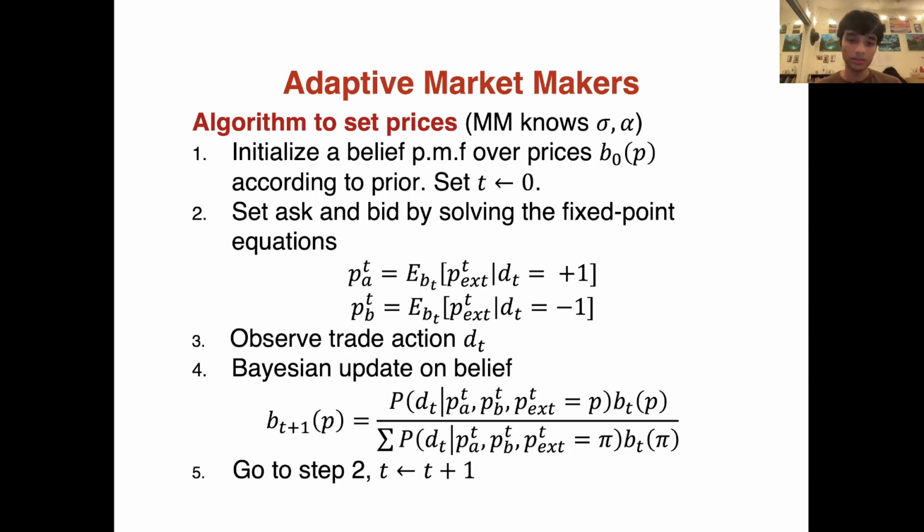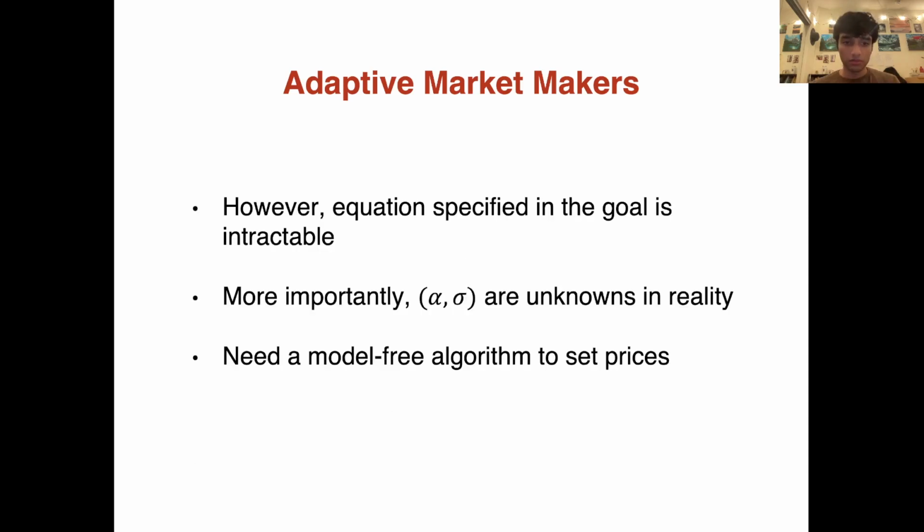In the third step, we observe the trader action dt after having set the ask and bid prices according to step 2. And in step 4, we update our beliefs according to Bayes' rule, and then we go back to step 2 to solve the fixed point equation and set a new value for the ask and bid prices.